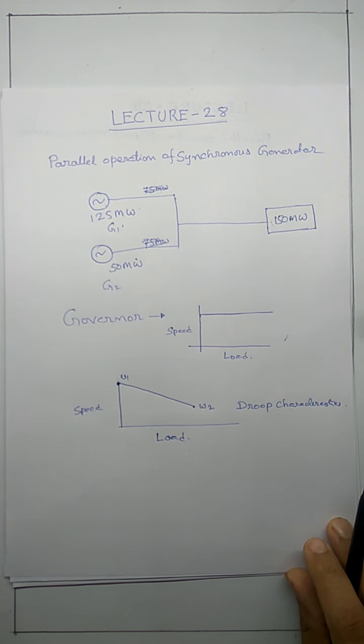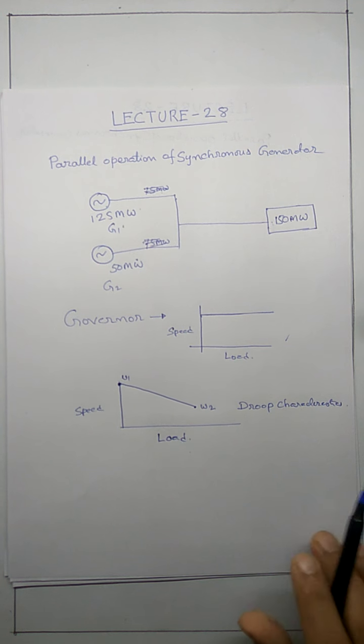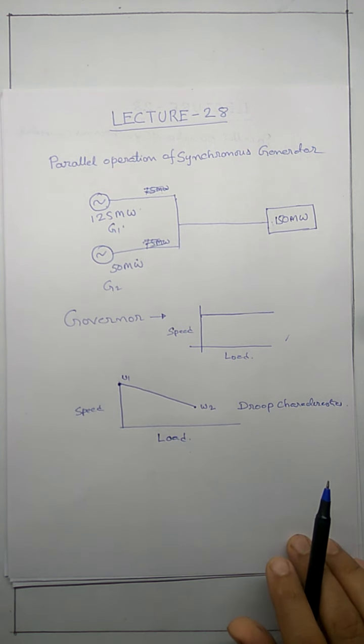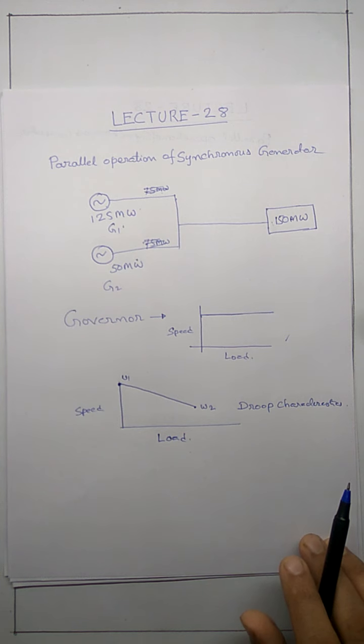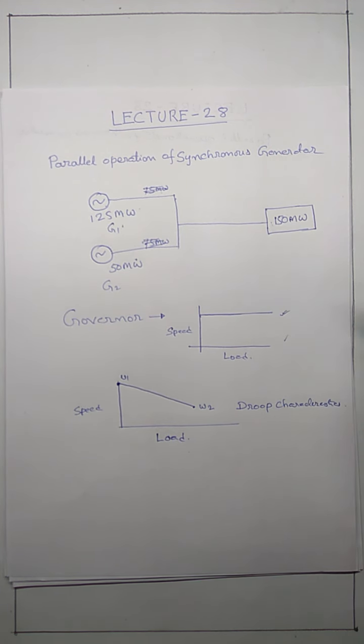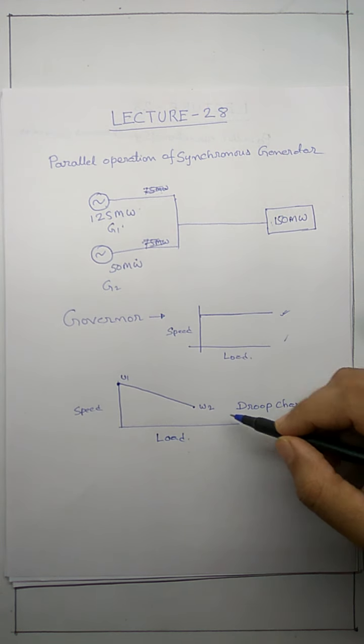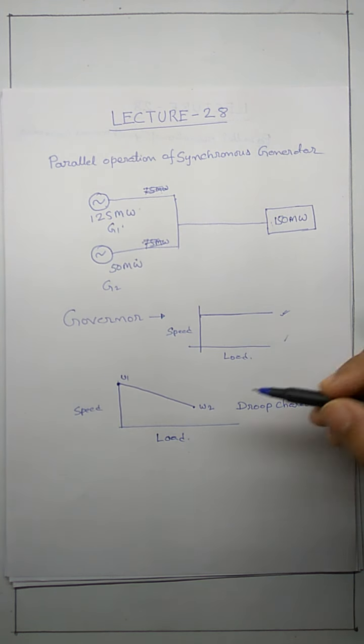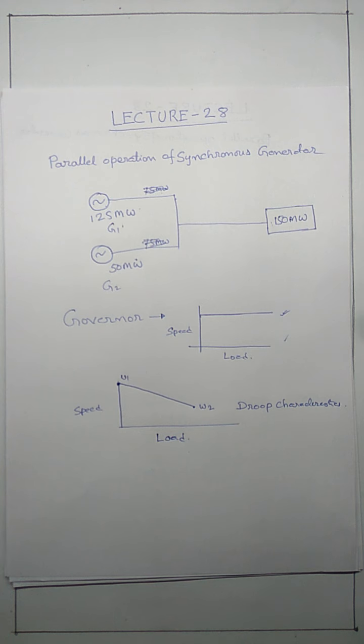Now, what is the importance of this? Or why do we want the speed to reduce with load? By our understanding, we want the frequency to remain constant, so this would have been a better choice, but we are saying that we want this. Let's understand how these droop characteristics help us in sharing the load.